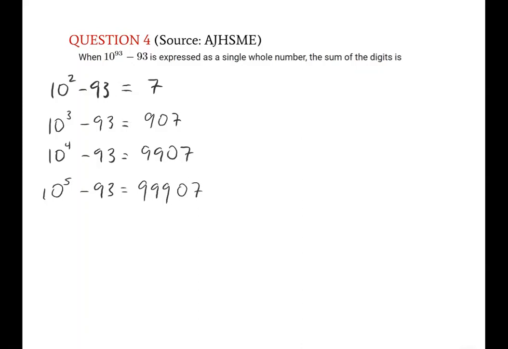So, just seeing this, if we have 10 to the power of n, for example, minus 93, then the answer will have n minus 2 number of 9s, followed by an 07.